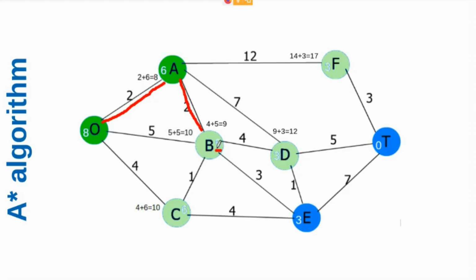Well, the same goes for this, as you can see here, right? It's a 9 because you add 2 plus 7, right? That's why here the real cost is 9. But then you add a 3 because it's the heuristics of D. You don't have a 9, 6 plus 3, right? That's not true.